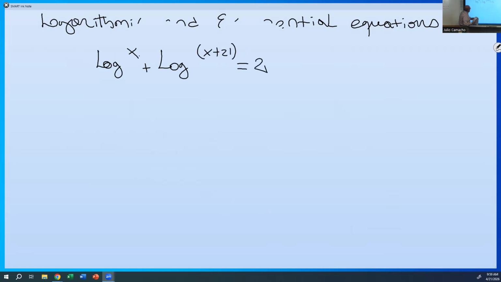Which of the rules of logarithms does this equation remind you of? You have your page there, you can check what the rules look like.